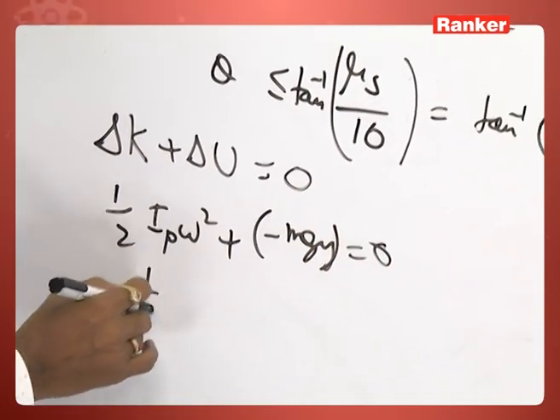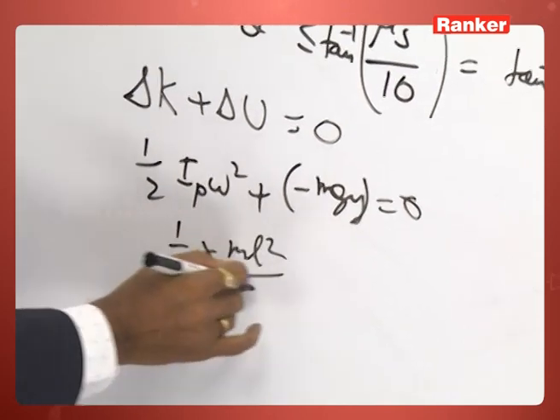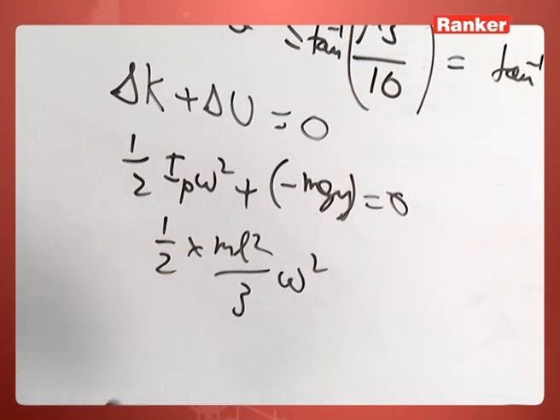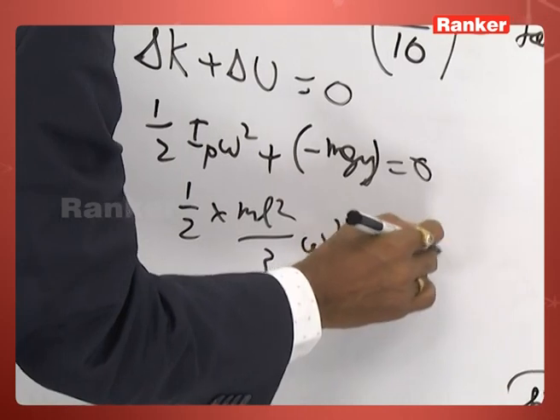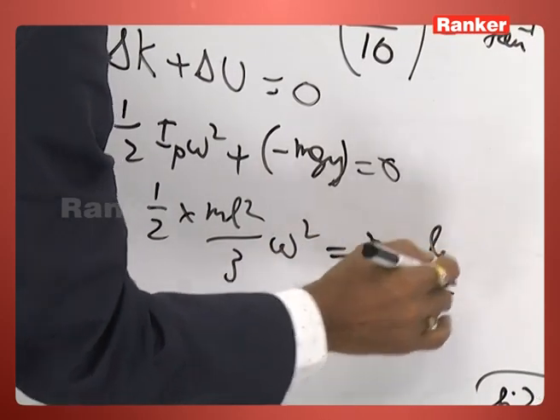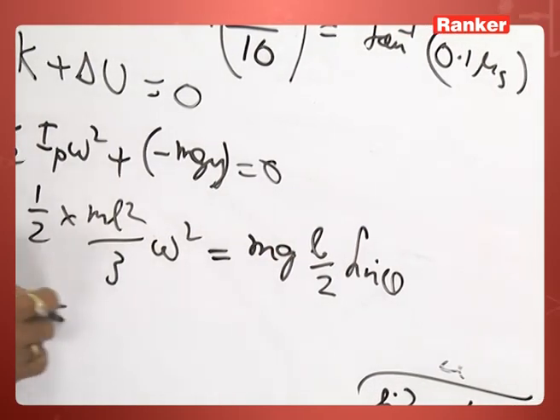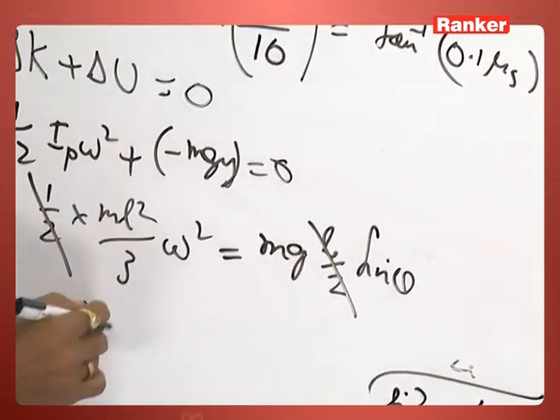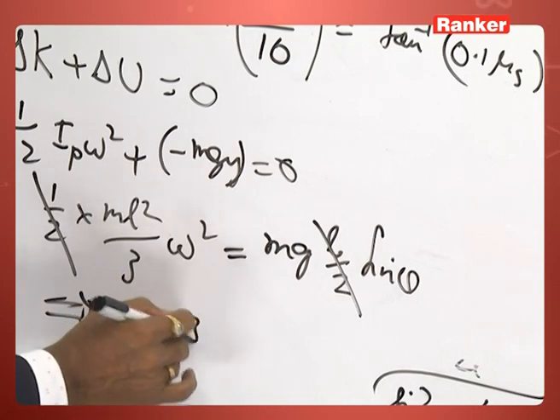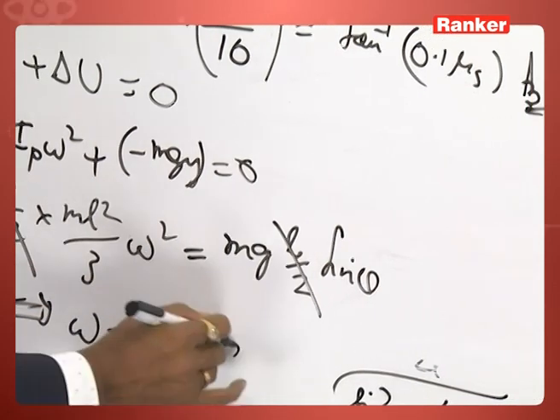So Ip, which is ml square by 3, into omega square is equal to mg, and y is L by 2 sin theta. Are you not getting the same omega? Omega you are getting as 3g by L sin theta.